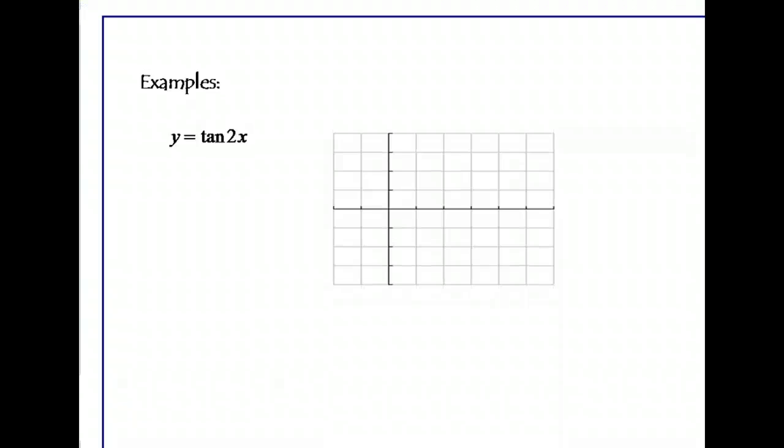So here is the tangent of 2x. All right, now we need to apply what we learned from sines and cosines. You know, what does this 2 do? Before we do that, let's just remind ourselves. Tangent of x. Where is it 0? So we'll just call these our zeros. Where's the tangent 0? Same place where the sine is 0.